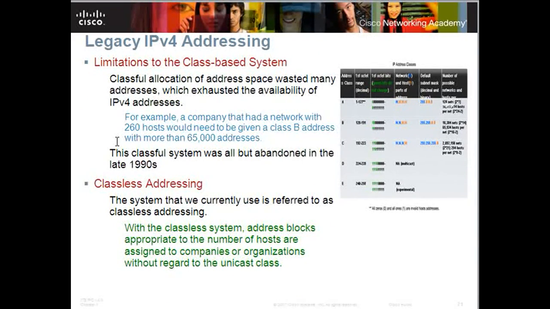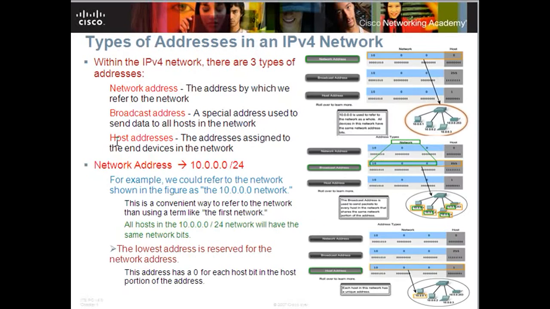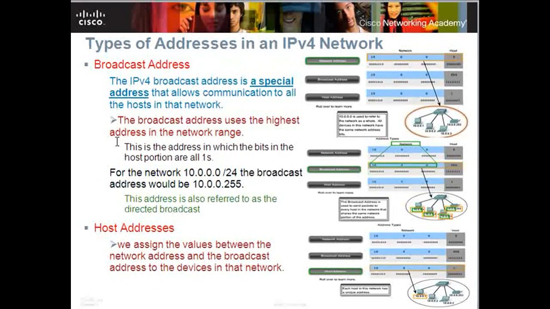In classless addressing, we have something called CIDR notation. CIDR stands for Classless Inter-Domain Routing, and it is a classless notation. We will now discuss classless notation, and also what a network address and a broadcast address are, and then unicasting, multicasting and so on.